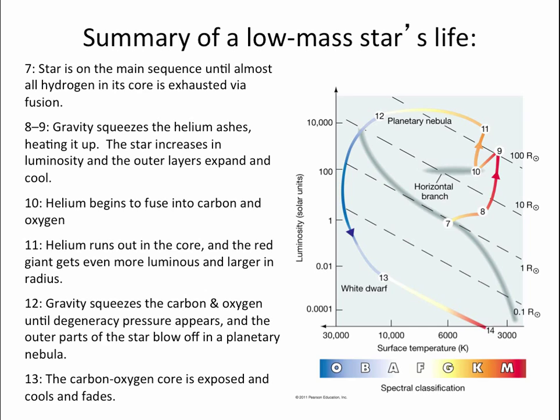But that carbon-oxygen core is left behind. That's what we call a white dwarf, because it's hot, but it's very small in radius. Because the white dwarf cannot do any nuclear fusion, over time it will get cooler, but it stays the same size, so it gets cooler and it'll get fainter, and slowly get redder and eventually fade completely away.